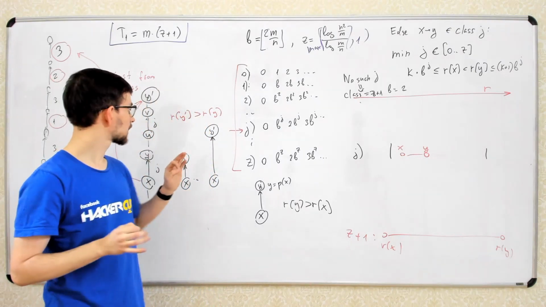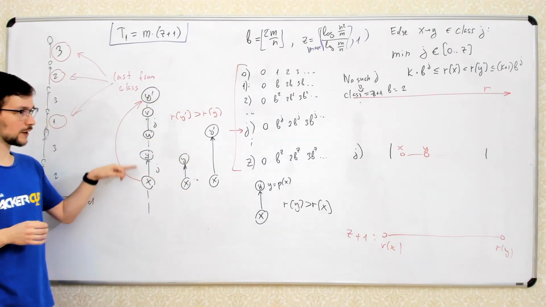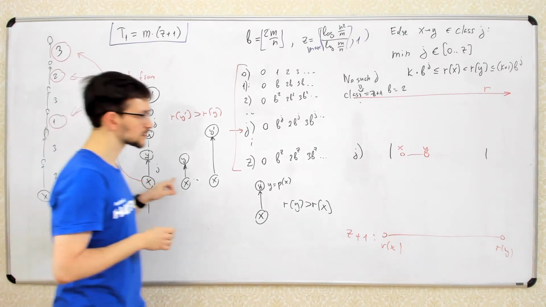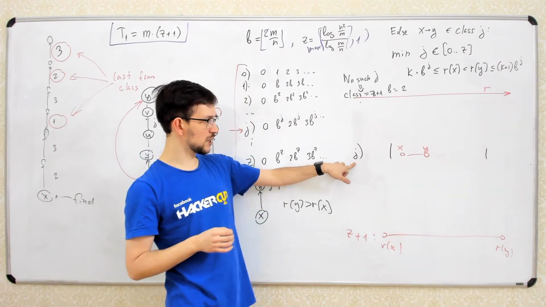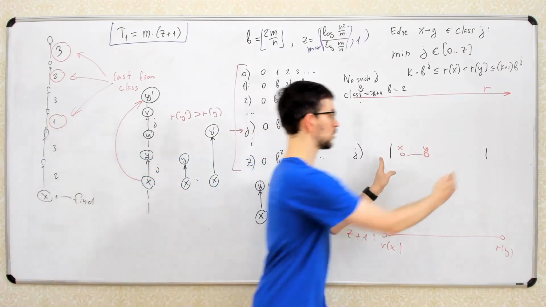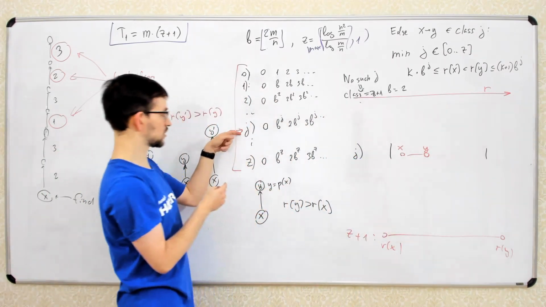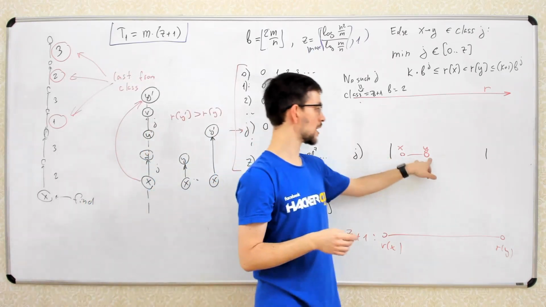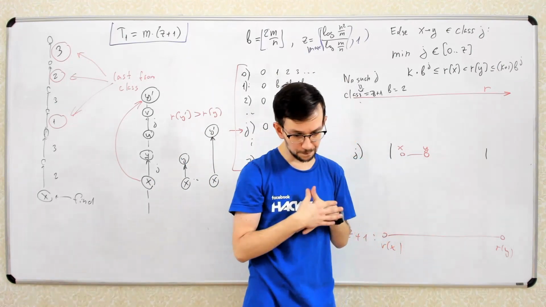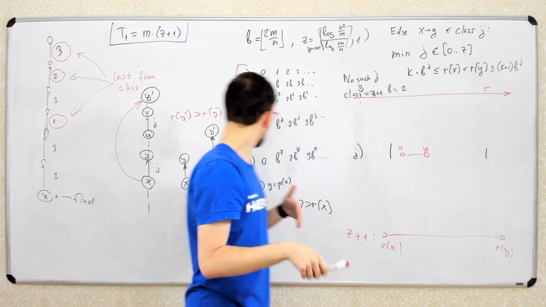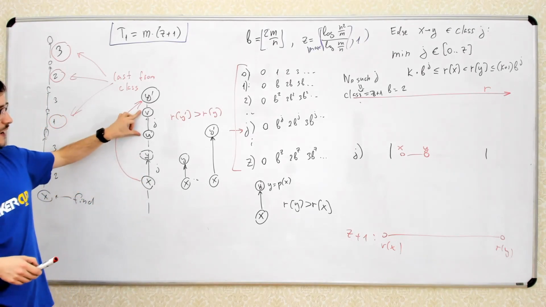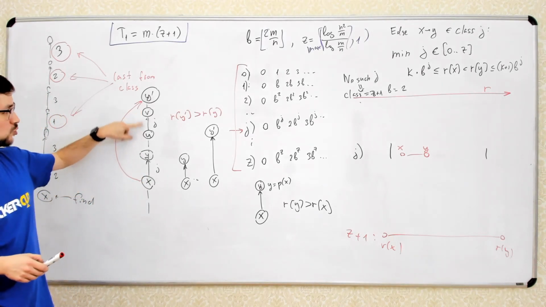So, now what's going on? We have this edge from x to y. This edge belongs to class J, which means that in the sequence J, x and y are between two consecutive values. Now, if it is not the last edge from the same class, then we have another edge from the same class, this edge UV.